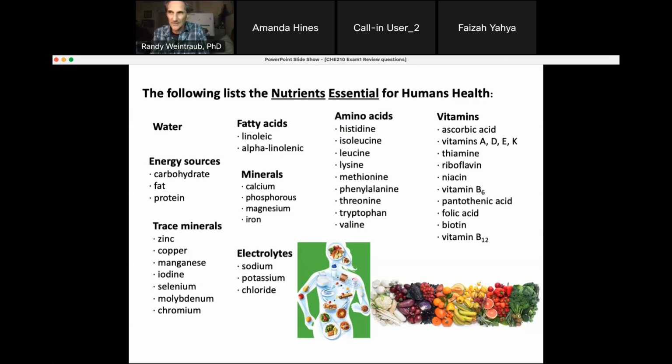That is, we do not make them ourselves, or don't make enough of these, or don't make them at all, and need them in our eating pattern. Really, that last one that came up there, fiber, is one of the really underestimated nutrients that we need to include in our eating pattern.